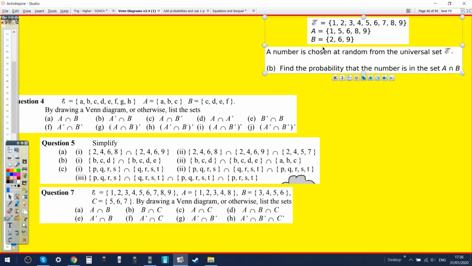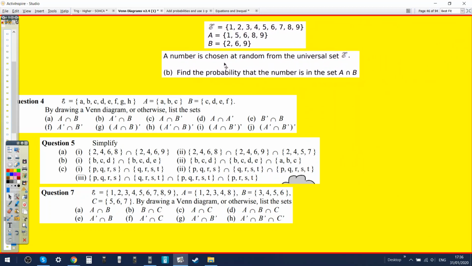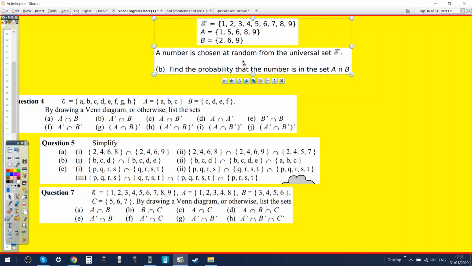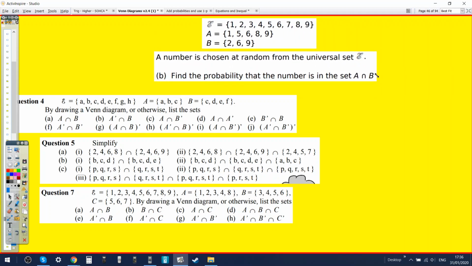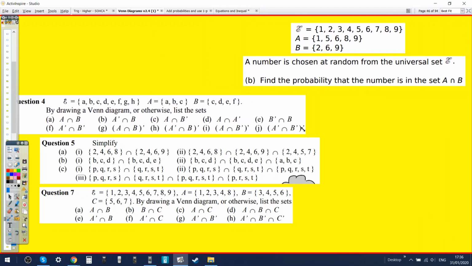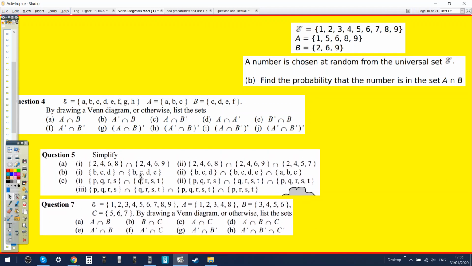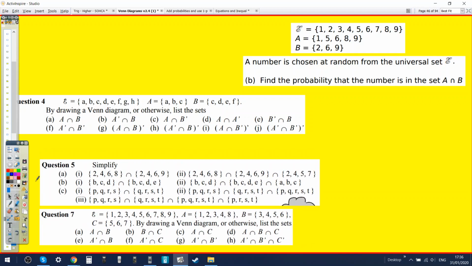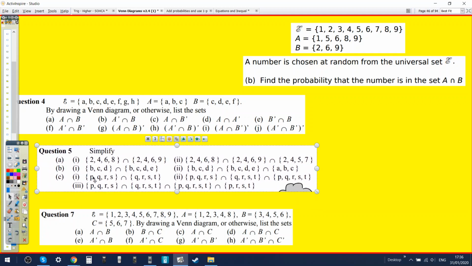So let's do this one here underneath it. Any idea how you do part A of question 5?